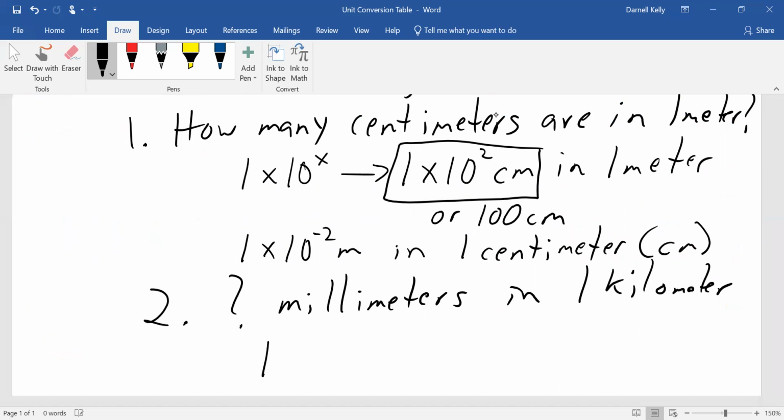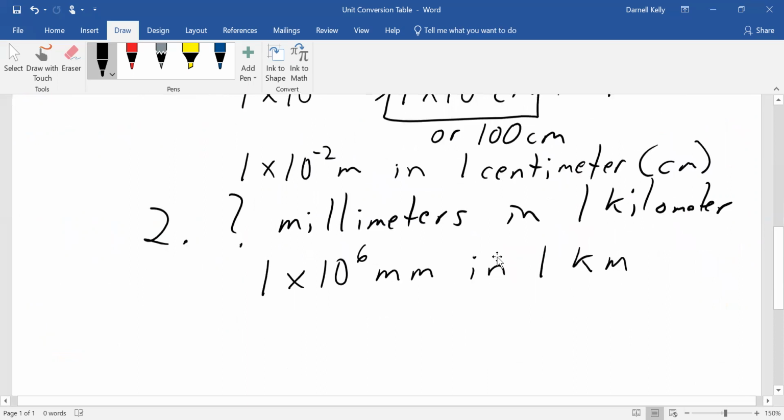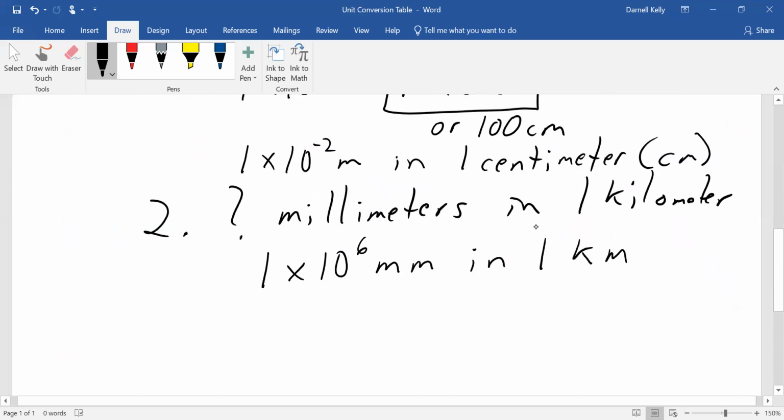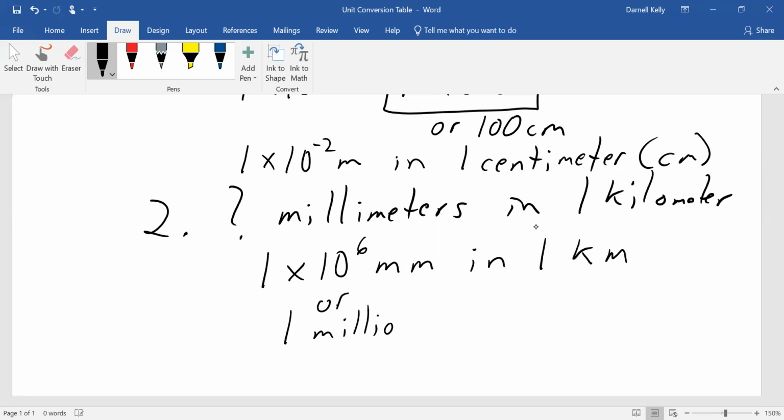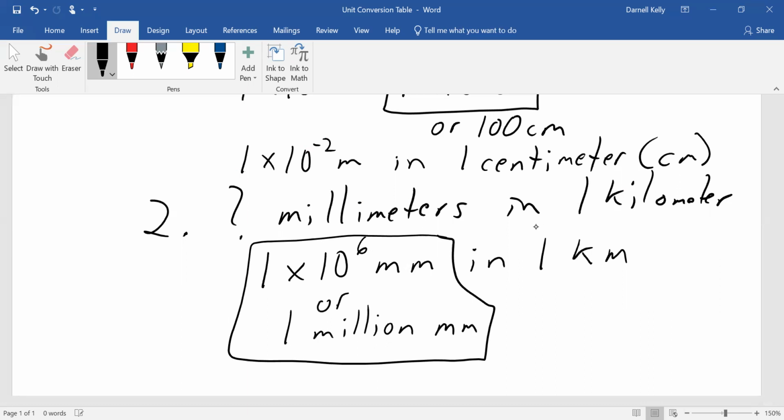That means that we have the 1, which is what we know, times 10 to the 6 millimeters in 1 kilometer. Or better yet, there's 1 million millimeters in 1 kilometer. I'll just leave it as 10 to the 6, doesn't matter. Or 1 million millimeters. Either way is good.